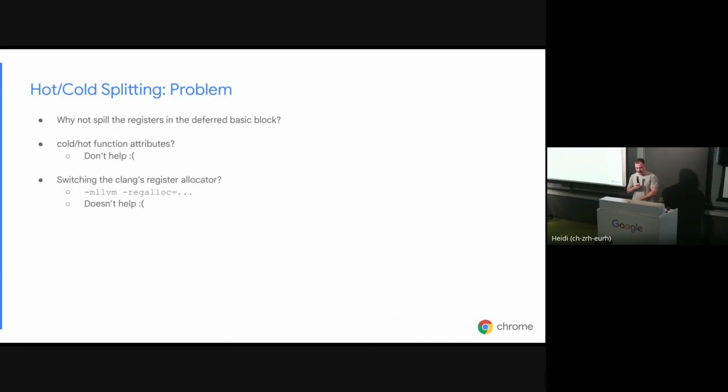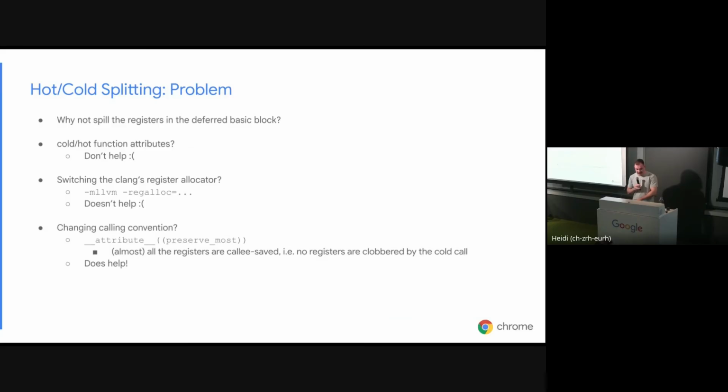And then one of my colleagues came up with a brilliant idea. What if we change the calling convention? So there is this LLVM attribute, also available in clang, called preserve_most. This entirely switches the calling convention, and if you mark a function with this attribute, this function must preserve all the state that it has when it's being called.